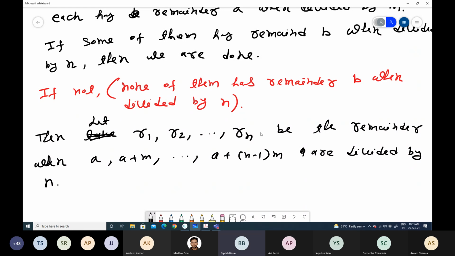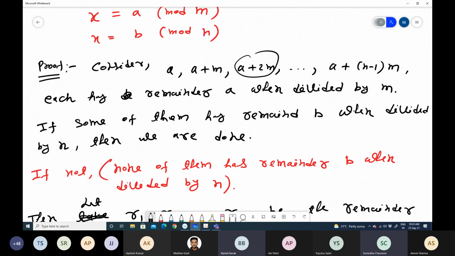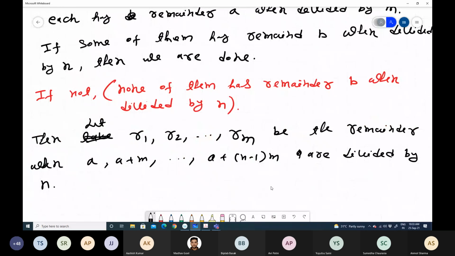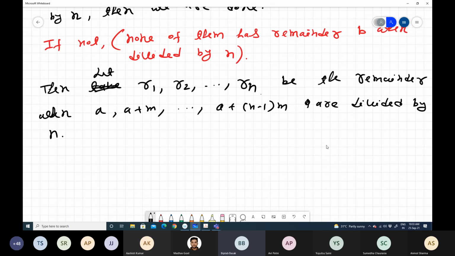Oh, sorry. So that will be m, right? No, I am confusing something. Sir, there are n terms. Yes, there are n terms. Oh, so this is m. Okay, sorry. Right. So they are the remainders when these are divided by n. Now we are fine.